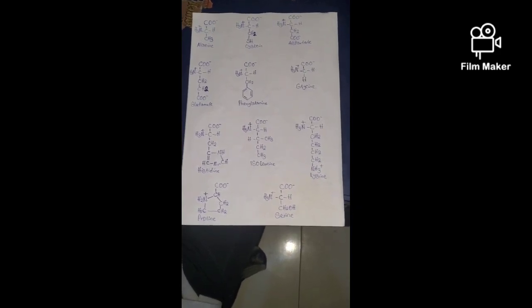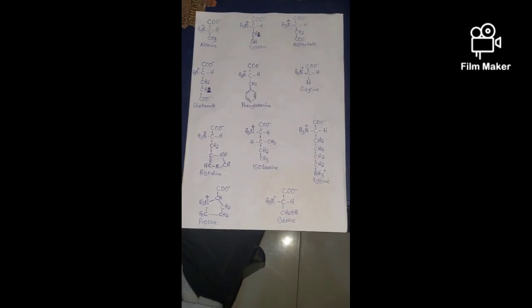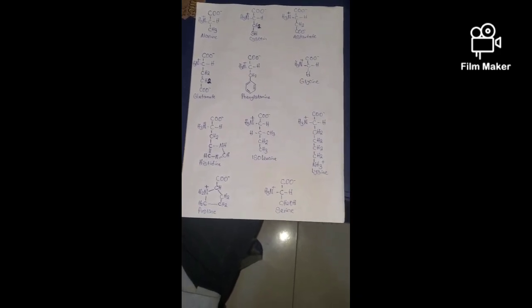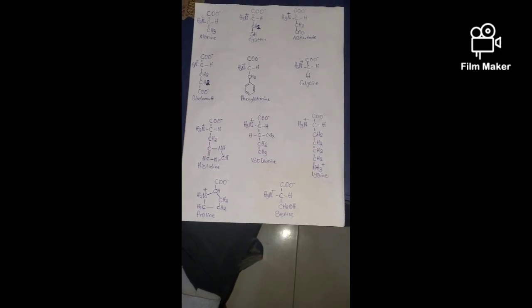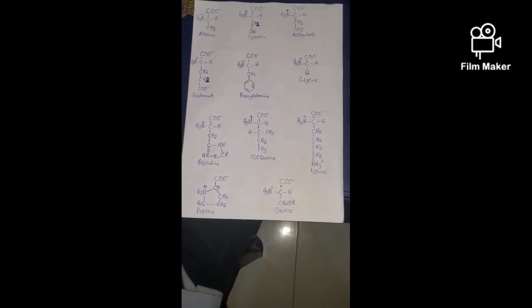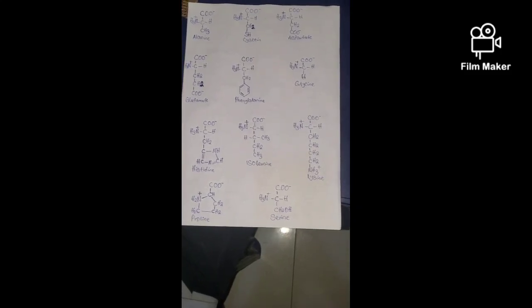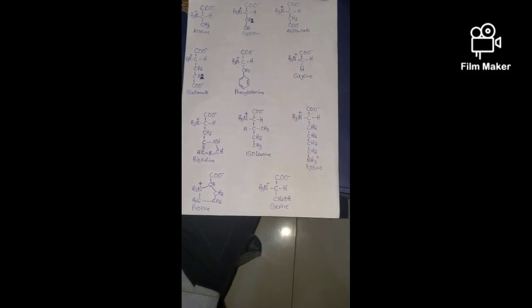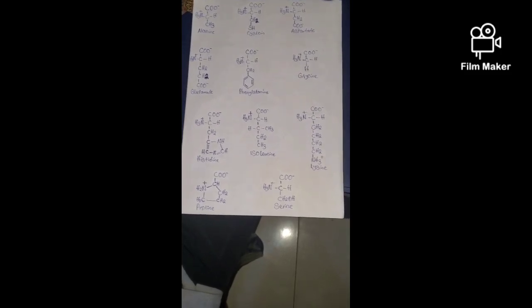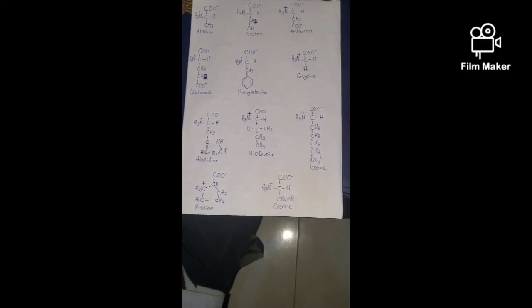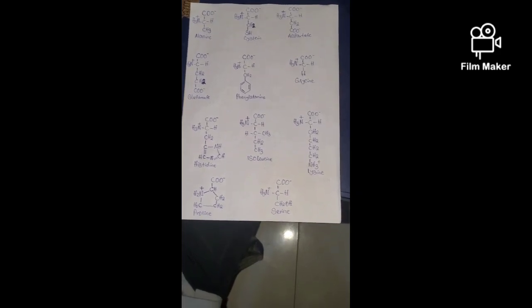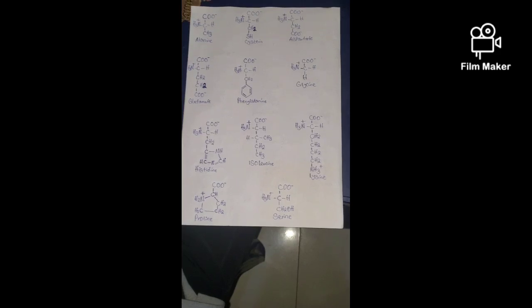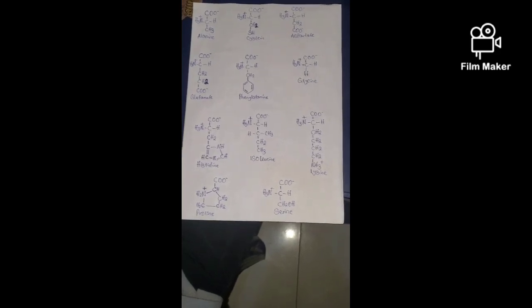We made mention of alanine. We made mention of cysteine, aspartate, or you call it aspartic acid. I told you you can call it alternatively aspartic acid, or you call it the aspartate. We have the glutamate. You can call it glutamic acid as well. We have phenylalanine. We have glycine. We have histidine, isoleucine. We have lysine. We have serine. We have proline.